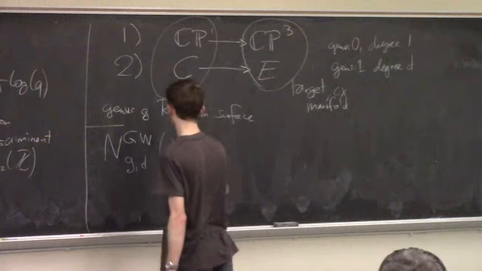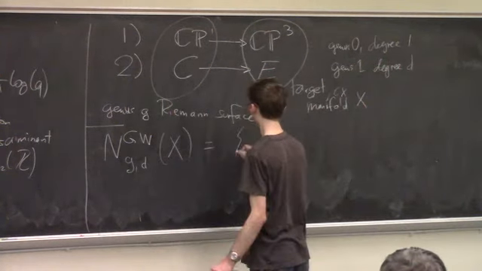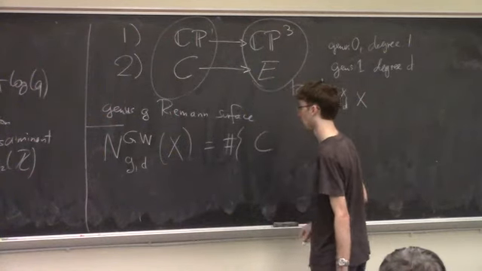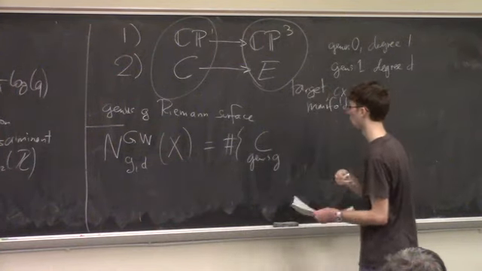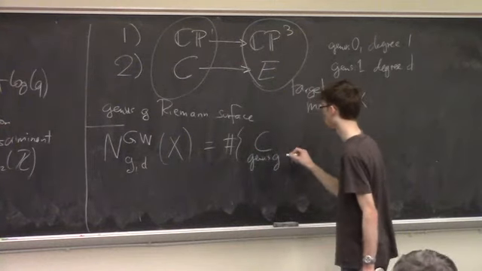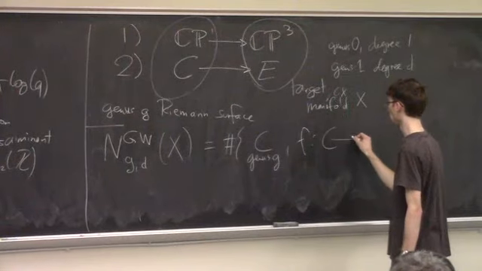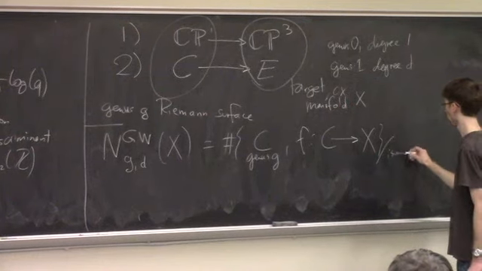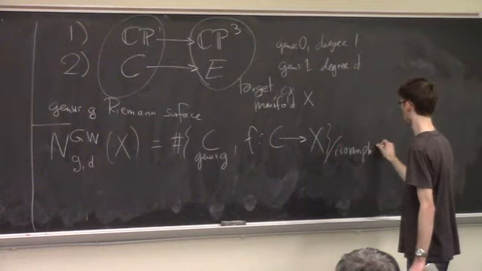Okay. And here, if you have some target complex manifold X, you can look at the number of all Riemann surfaces of genus G, or in other words, smooth algebraic curves of genus G, together with a map from C into your target X, up to isomorphism, or up to you identify maps.